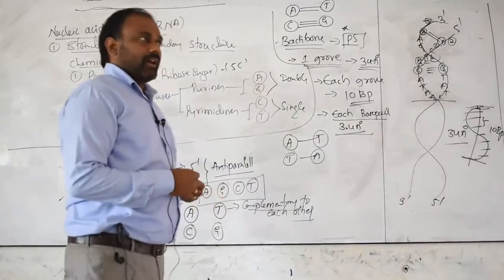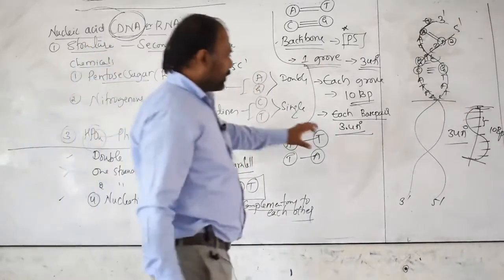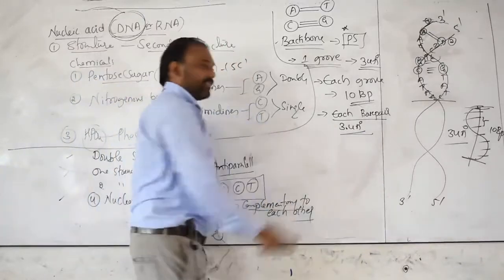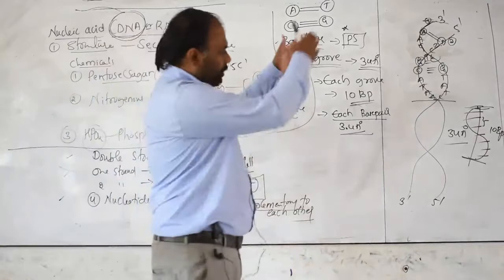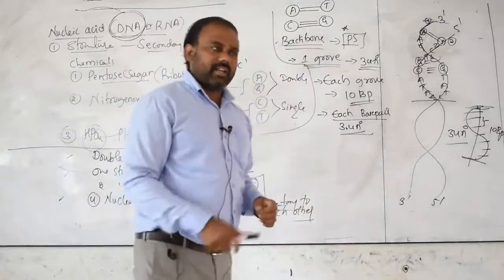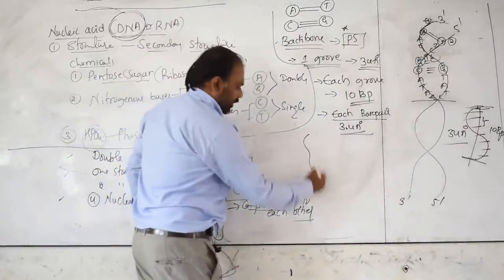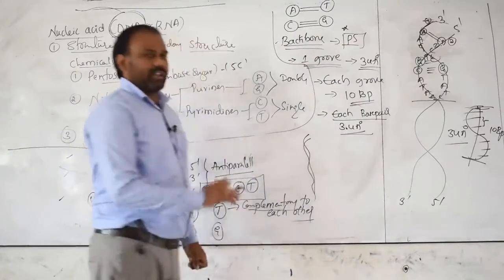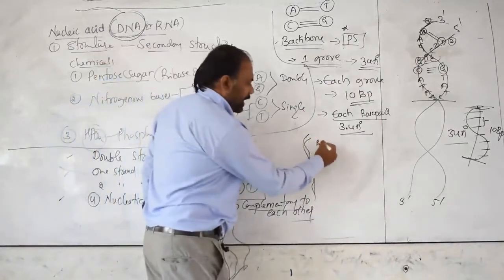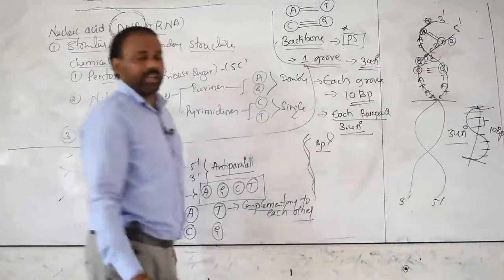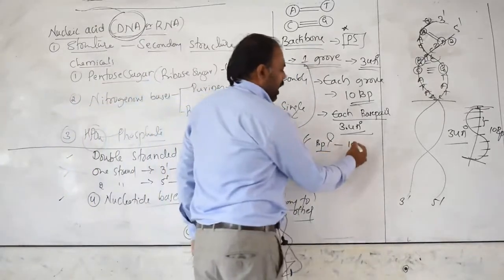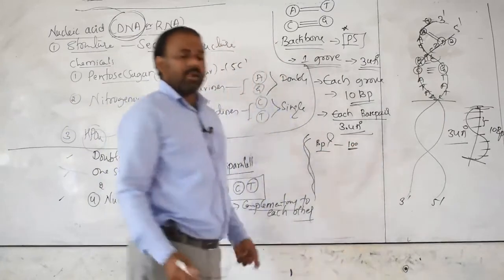So in a CET or NEET question, how can we calculate the length of the DNA? Very simple. By understanding this concept, we can tell the length of the DNA. First we need to understand how many base pairs are present. Say, for example, there are 100 base pairs.